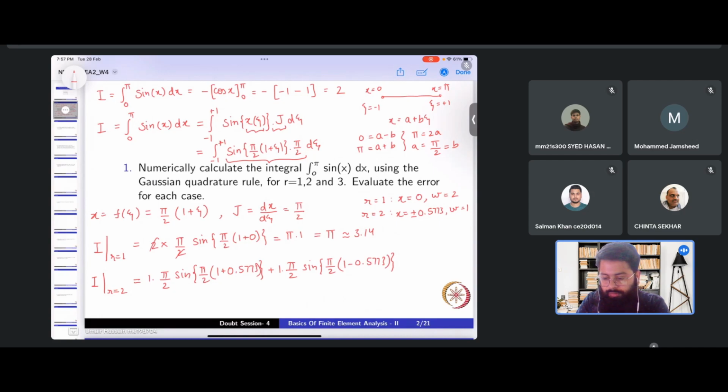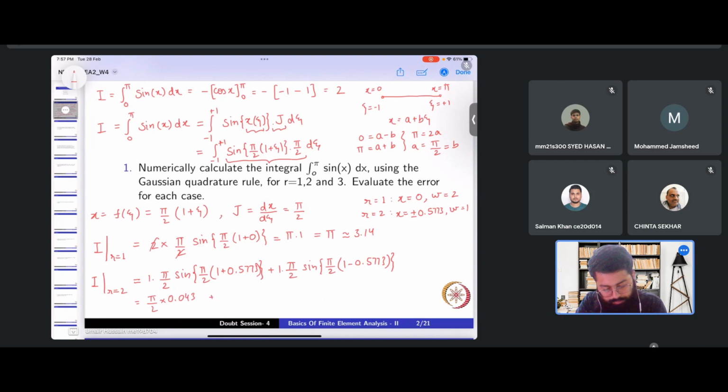Sin of pi by 2 multiplied by 1.5773, plus pi by 2 times 0.4227.